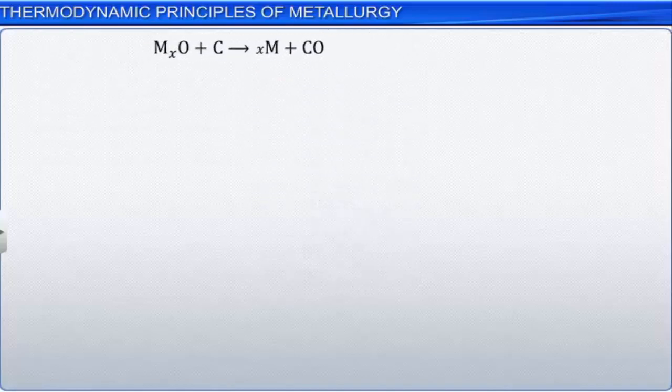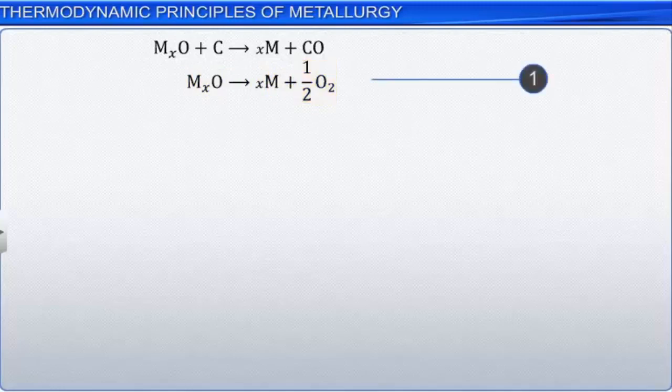In metallurgy, a metal oxide is reduced with a reducing agent. During reduction, the metal oxide decomposes as shown here. MxO decomposes to give xM plus half O2. The liberated oxygen is taken up by the reducing agent.